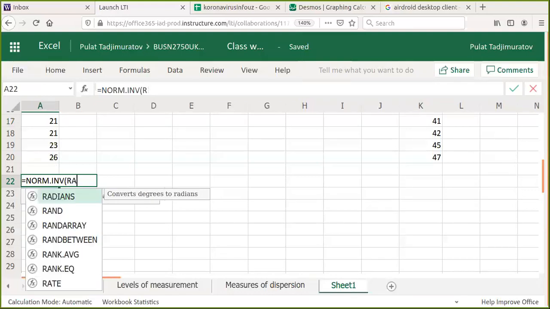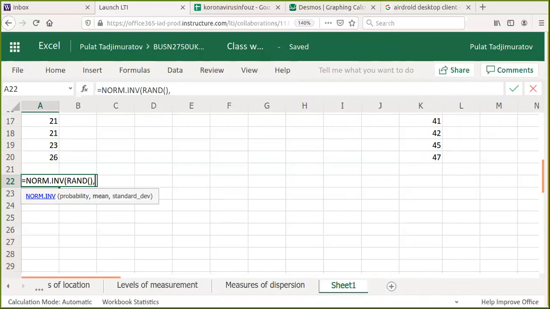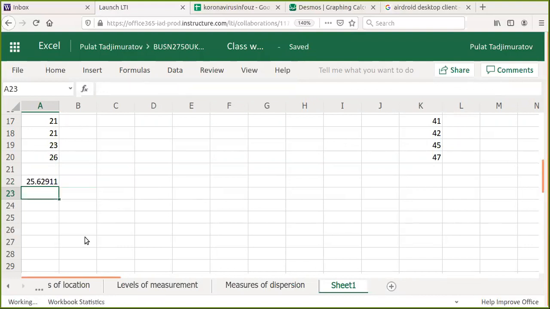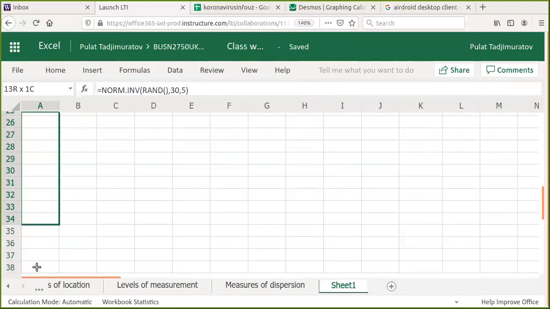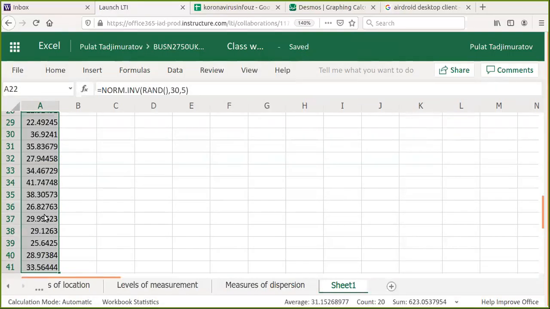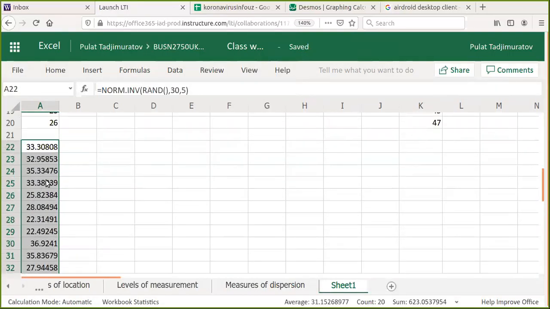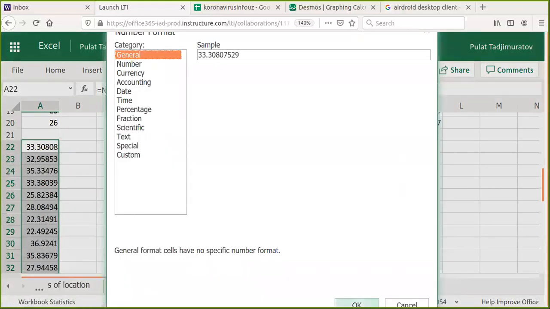Oh, I'm entering it in the wrong way. Maybe 30 and 5. I'll do 20 numbers again, just because it's easier to calculate. And I'll change the format. I don't need 5 decimals.